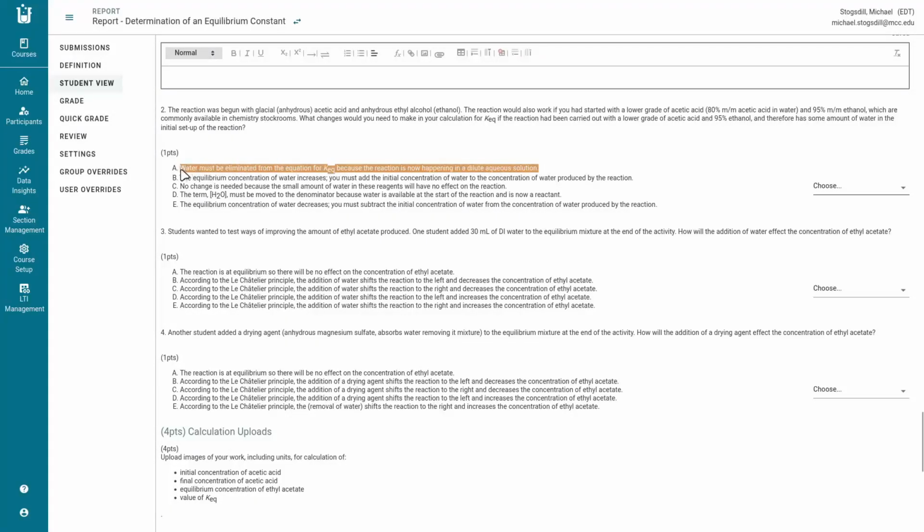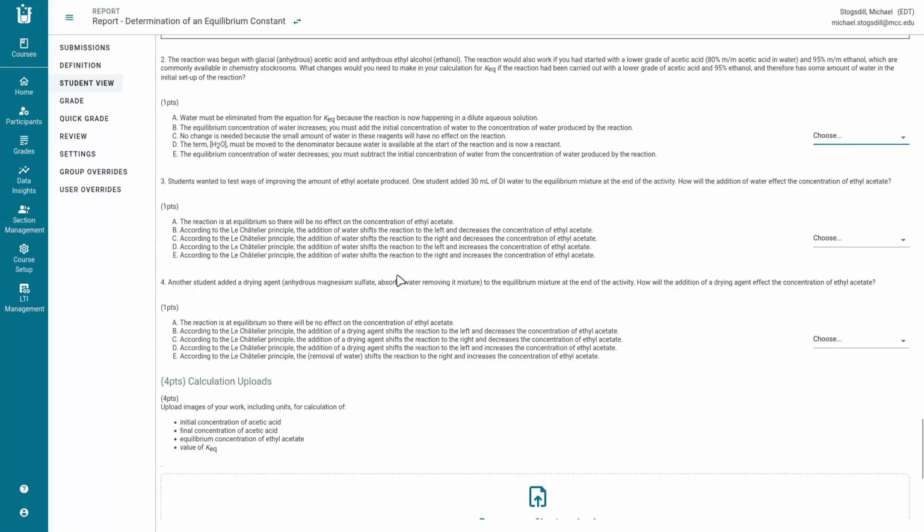The answer that they're looking for is that water must be eliminated from the equation of KEQ. This is something that we always do when we are in dilute aqueous solutions. You really have to, otherwise those values would get to be very, very large and it just wouldn't make sense. There is some more sophisticated reasoning that has to do with activities and pressure coefficients and stuff, but we're not going to get into that in this class.